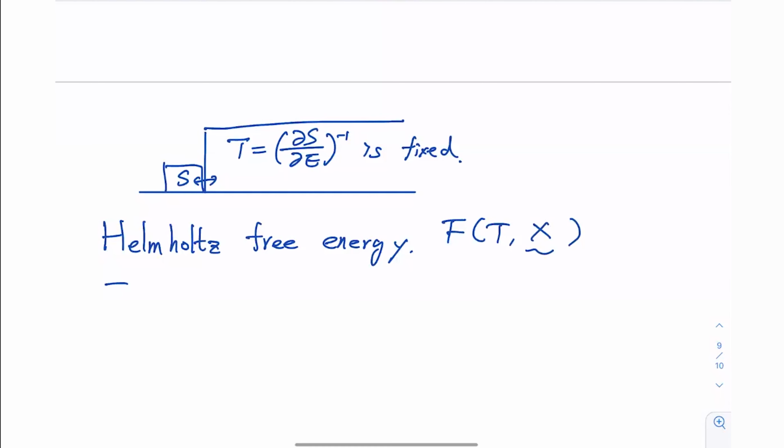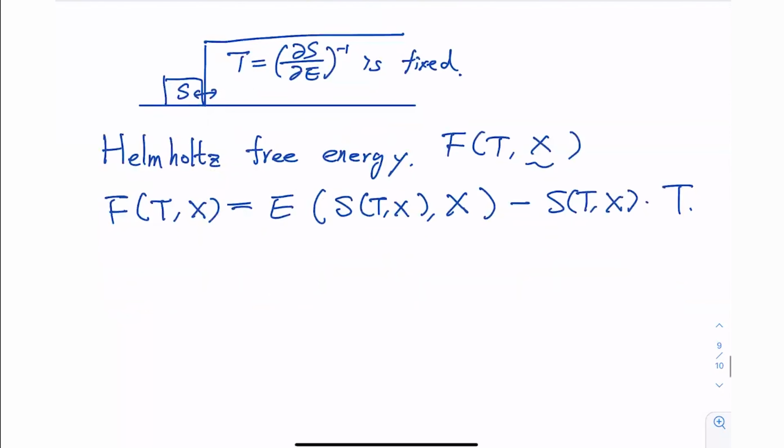Now you can take a look at the expression of that. Basically, it will look like this. So now you see what the Helmholtz free energy means. You start from some expression of the energy of your system, which will be a function of entropy and the rest of the extensive variables.